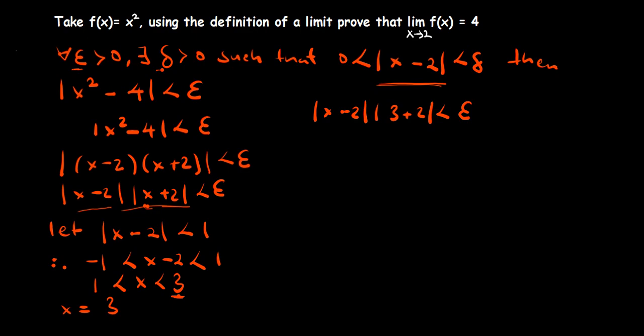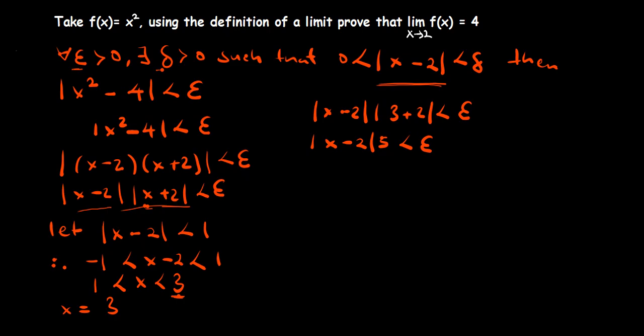So this is going to be modulus of x minus 2, times 5, less than epsilon. Here I have a definite value, which is 5. I have a number here, so I can divide by this 5.